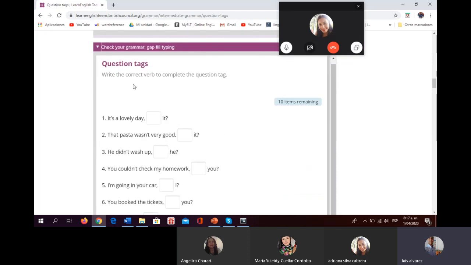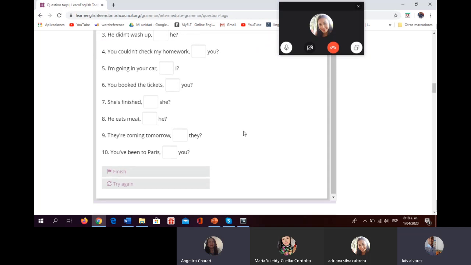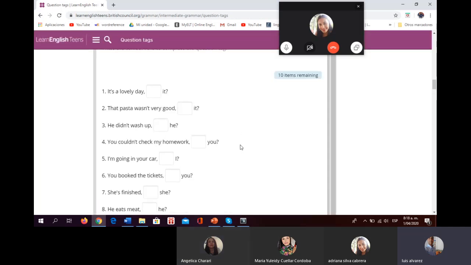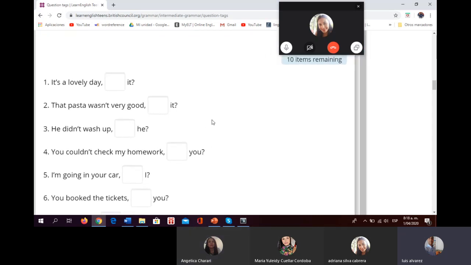In order to check out your knowledge of tag questions, there is another activity for you to complete as a team. It says write the correct question tag. There are 10 sentences, so you're going to have the chance to complete at least one or two, or even three. So let's do it.